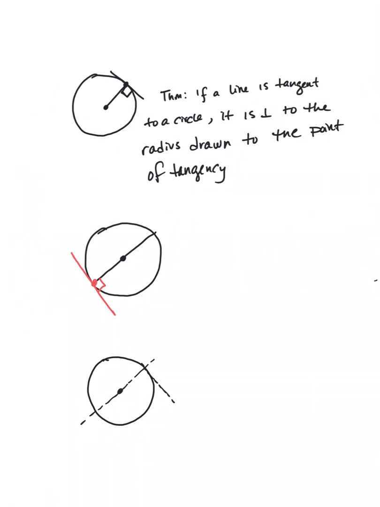And one of the things we discussed is that if you have an angle formed by a tangent and a secant, it's half of its intercepted arc, excuse me. So this is 180 degrees.